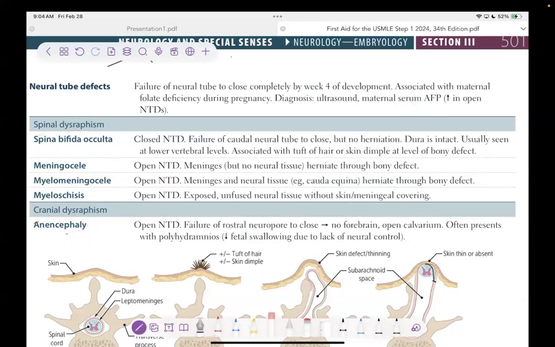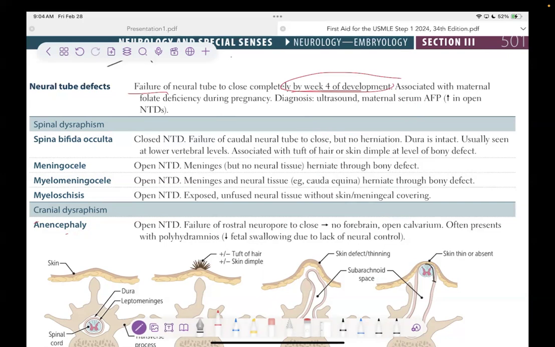So why doesn't the neural tube close? It is a failure of the neural tube to close completely by week 4 of development. Week 4 is the time when even a lady does not know that she's pregnant, because mostly when ladies have late menses, they go and do a pregnancy test, right?